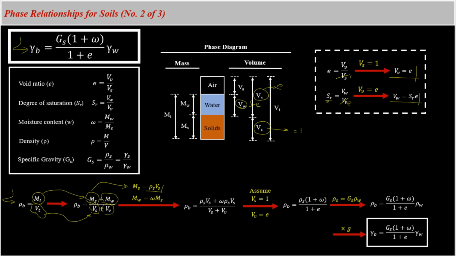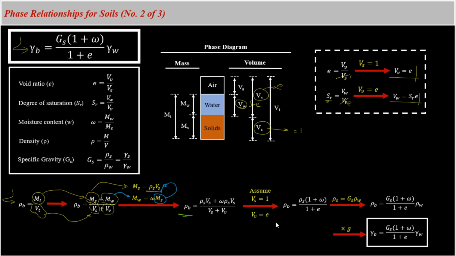And for the mass of water, we first use the moisture content equation to find its relationship with the mass of solids. Then in this equation, we replace the mass of solids with what we just talked about. Once we do these replacements, we get to this equation.